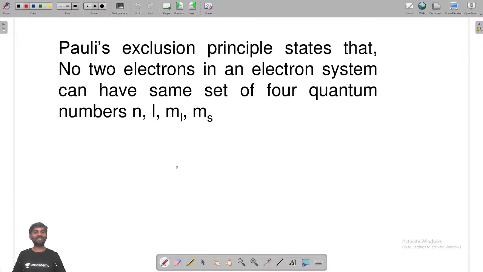What does Pauli's exclusion principle say? That no two electrons in an electron system can have the same set of 4 quantum numbers. Obviously, no human being will have the same thumb impression. Now we are moving back to the old system of thumb impressions.